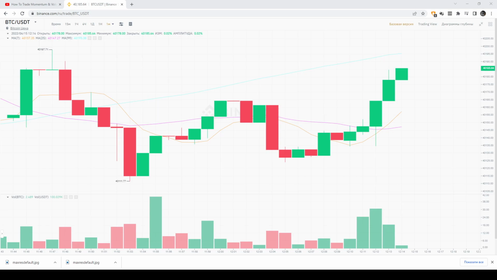The histogram bars are color coded: bars above the zero line are green and below the zero line are red. In addition, a bar that is lower than the previous bar will be a darker color, and a bar that is higher than the previous bar will be a lighter color. Then the histogram changes direction and starts moving back towards the zero line.